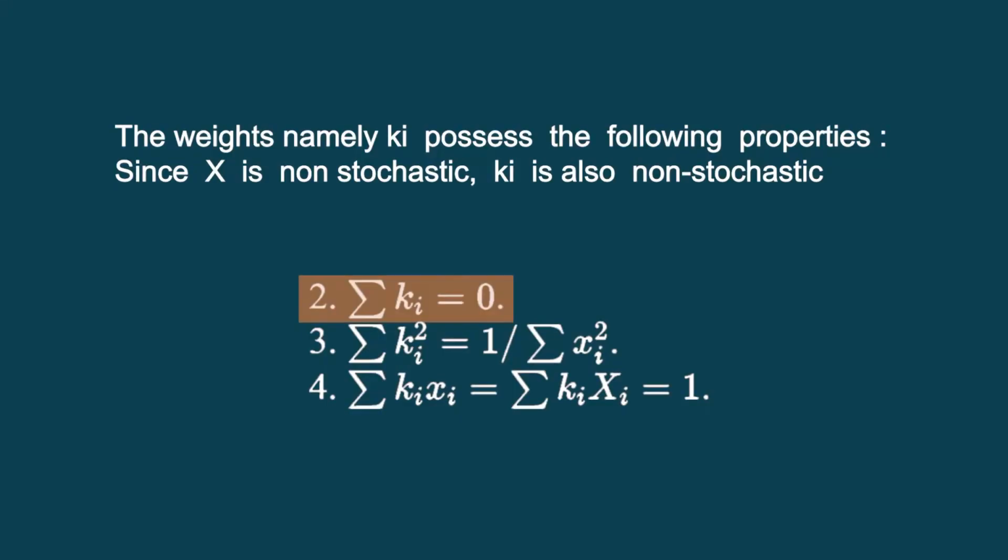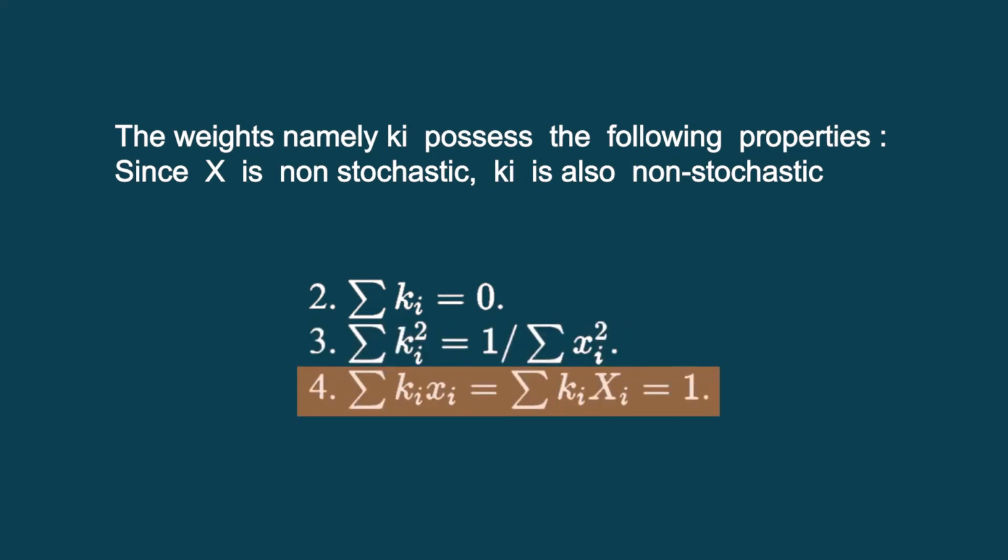So summation of ki is 0, because we all know that in the numerator we have xi minus x bar. So if we take the sum, then it comes up to be 0. Similarly, we want to show that summation ki square is basically the inverse of summation xi square. And finally, we can see that if I multiply ki with small xi or capital Xi, it will be 1.